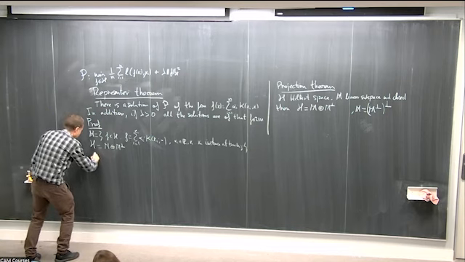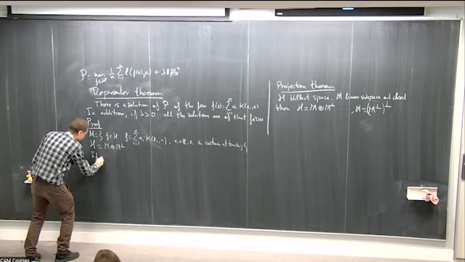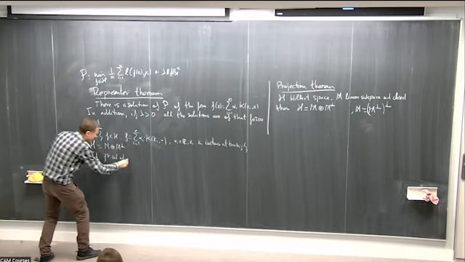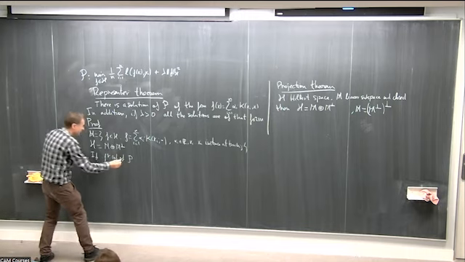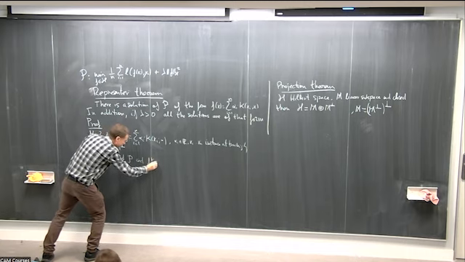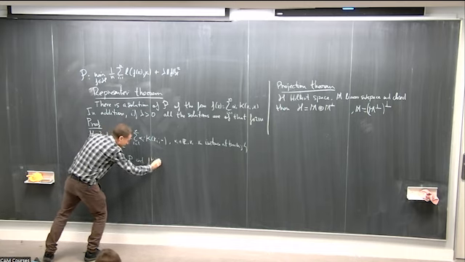Let's see what would happen if F star is a solution of the optimization problem, and F star is not in M, right?